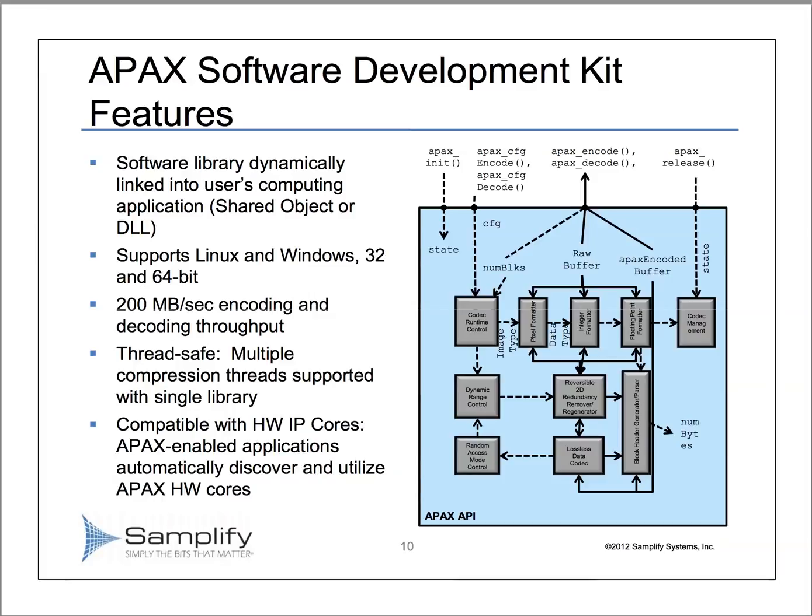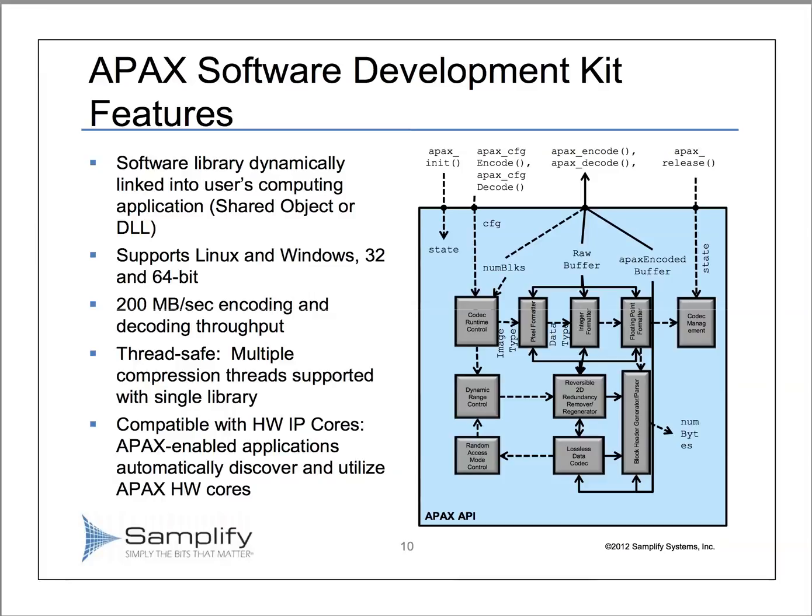As you can see, the API is quite simple. We do an initialization, which creates a state structure. That's what allows us to do the multi-threading. There's a config encoder or config decoder call. This is basically passing in the parameters that came out of that profiler tool Al just talked about. And then from that point on, there's just calls to the encode and decode functions, passing pointers to the buffers for the raw data and the encoded data.